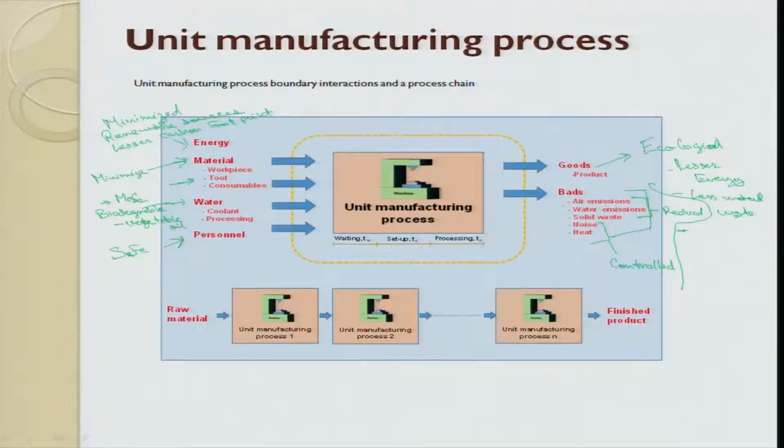These solid waste, air emissions, water emissions, noise, heat, all these also affect the personnel that are working. So these are connected. Besides the long term bad effects, we also have short term effects on the human operator working on the machine. The noise, that is the sound that is produced in manufacturing in a machine shop.